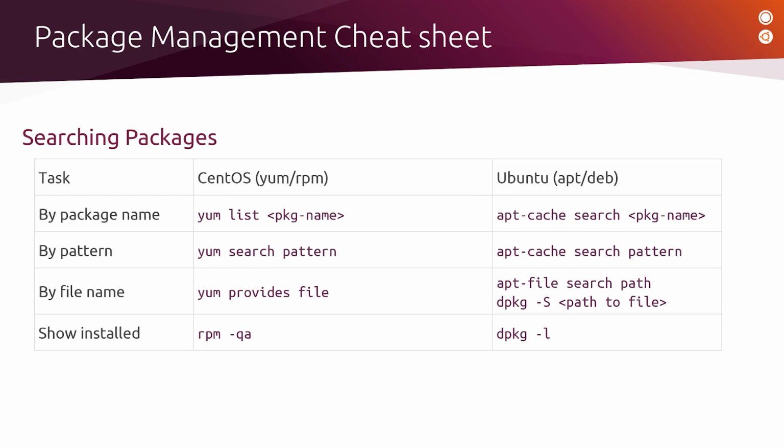You can do apt-cache search, and that will not only search the names, but also descriptions. Sometimes a package name changes, or a package gets put into what we call a transitional package, because they're going to rename it. So you might need to go find what that new name is.